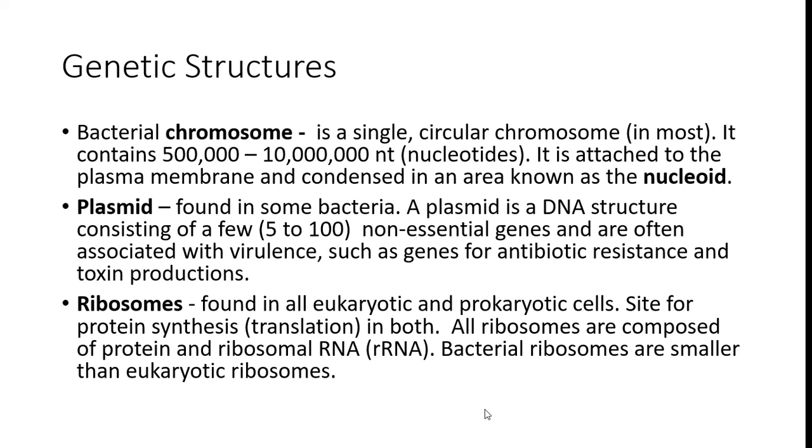The final genetic structure is the ribosome. Ribosomes are found, of course, in both eukaryotic and prokaryotic cells. They are going to be a site for protein synthesis. But the difference between the eukaryotic and prokaryotic cells is the way that they are put together and their size, if you will.